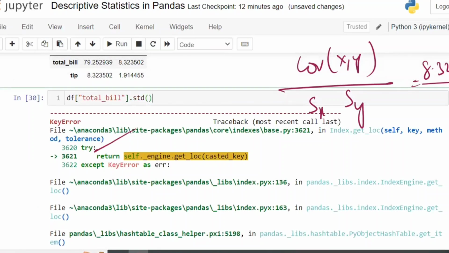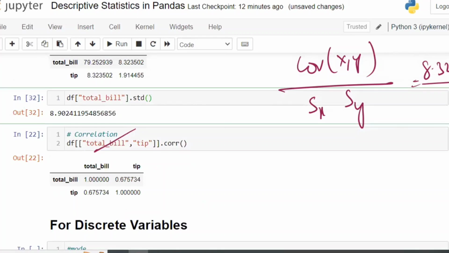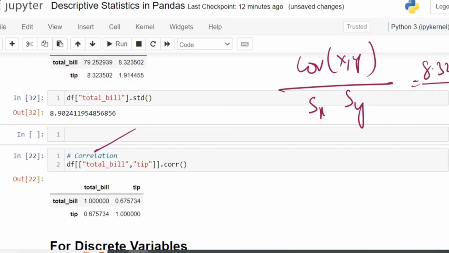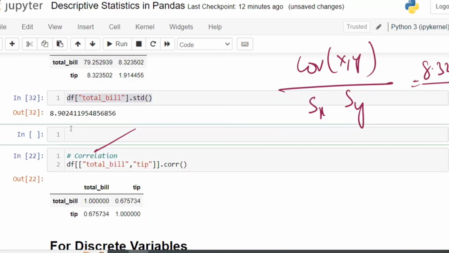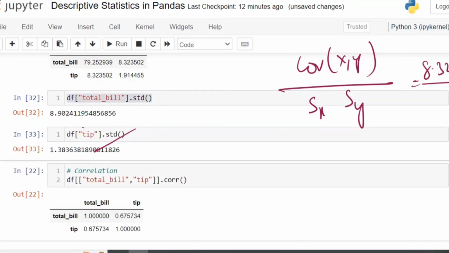And if you calculate the standard deviation, you get the value. Similarly, you calculate for the second column, tip. Now this is nothing but 8.32 divided by 8.90 into 1.38.